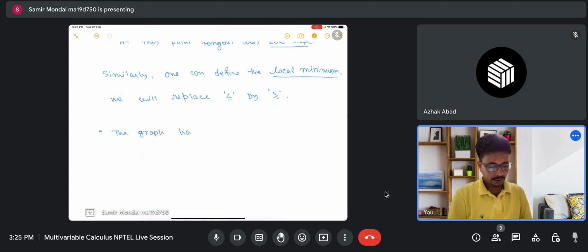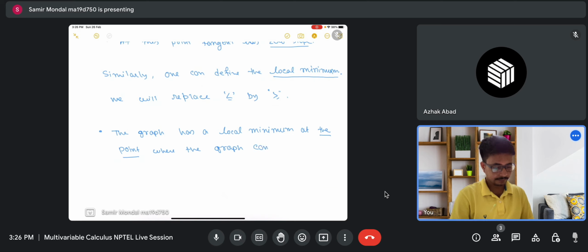So the graph has a local minimum at the point where the graph changes from decreasing to increasing.